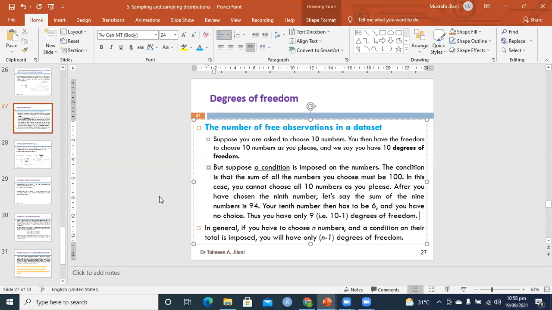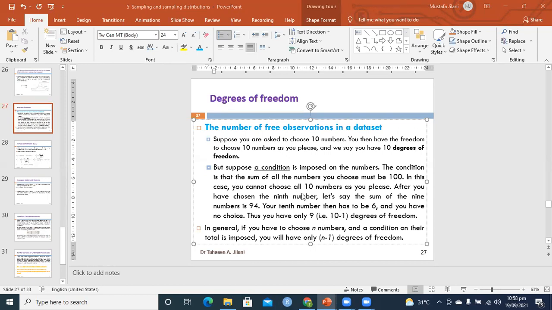Suppose you also impose another condition, that the sum must be equal to 100 and the difference of the numbers must be 70. That means you are imposing two conditions. If you impose two conditions, then your degrees of freedom will reduce to 8, 10 minus 2. The more conditions you impose on your data set, the more observations you lose.